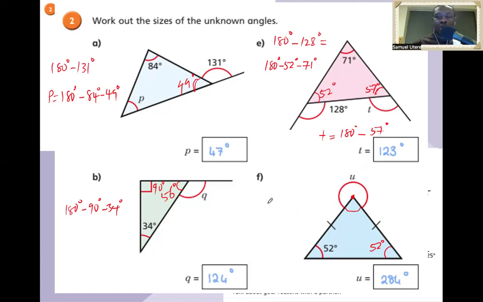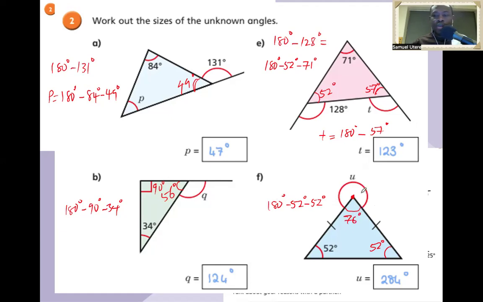So we can do 180 degrees minus 52 degrees minus 52 degrees. That will give us 76 degrees here.